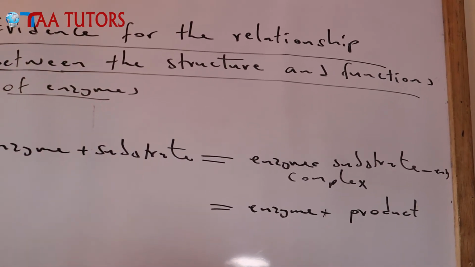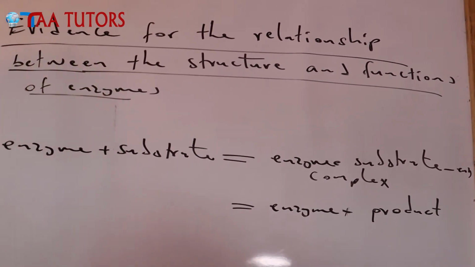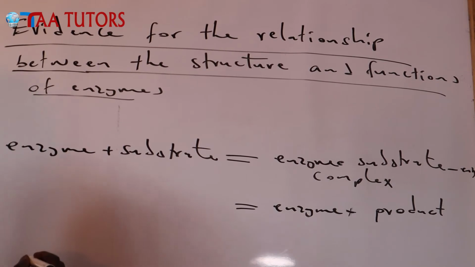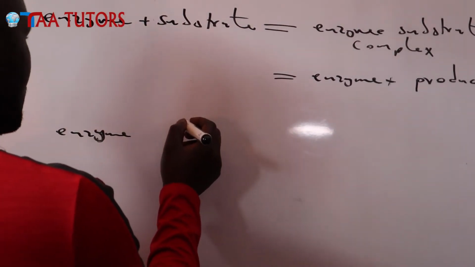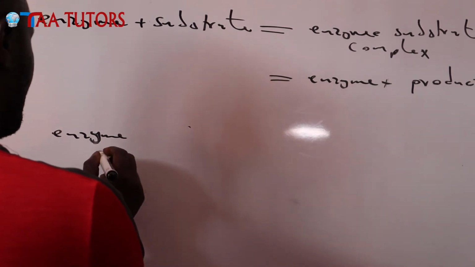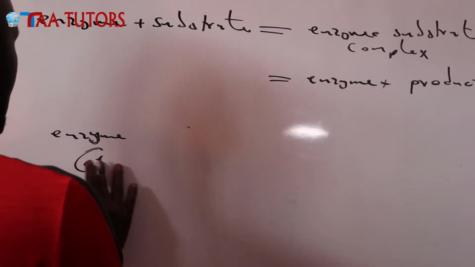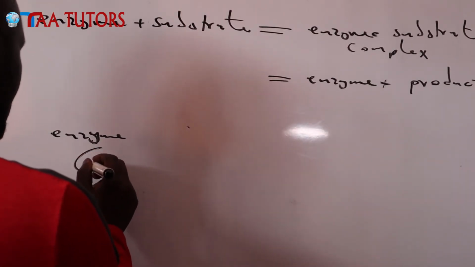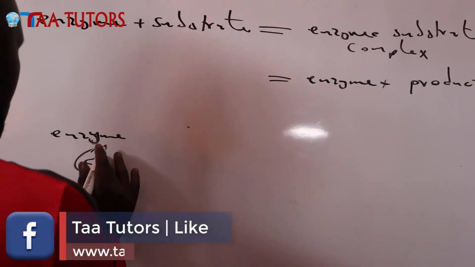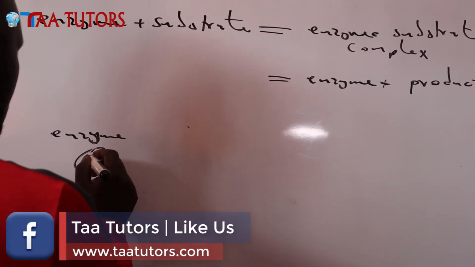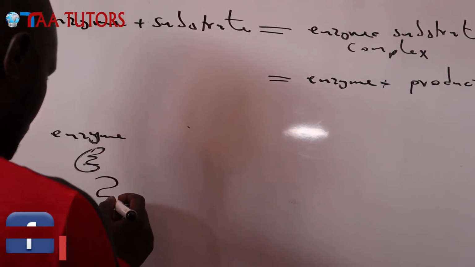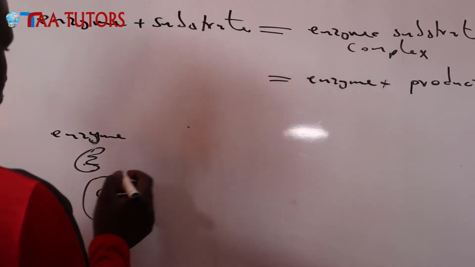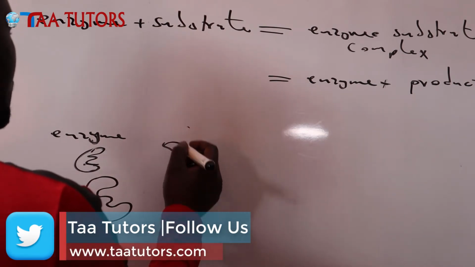So in any reaction, suppose I have got the enzymes here. If I've got enzymes, I can be having substrate. So I can be having substrate here.